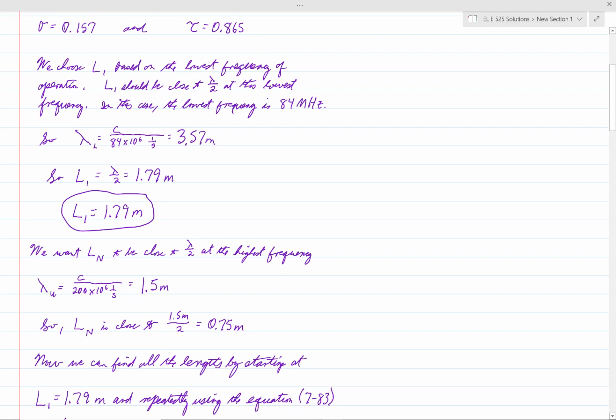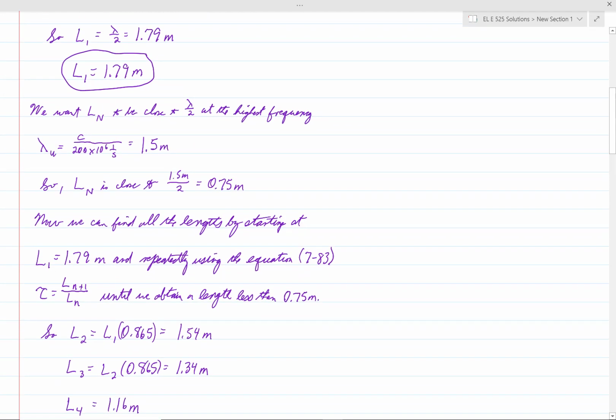If we calculate the wavelength at that upper frequency, which we'll call lambda sub u, then that's c divided by 200 times 10 to the 6 hertz, which gives us 1.5 meters. Since we want Ln to be about half of that, Ln is close to 1.5 meters divided by 2, or 0.75 meters.